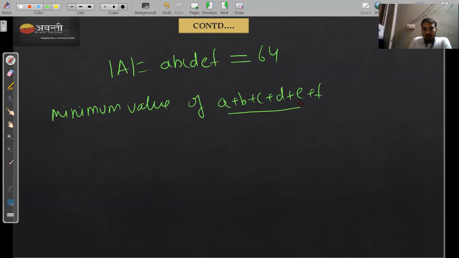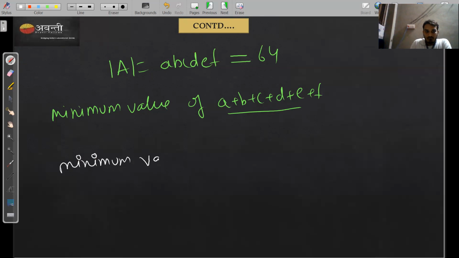There are 6 unknowns and the product of these unknowns is 64, and I have to find the minimum value. So when will the value be minimum?